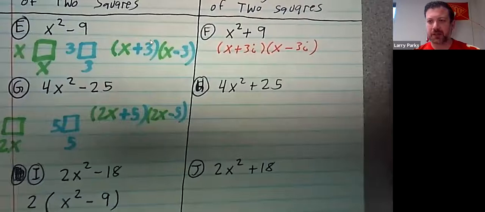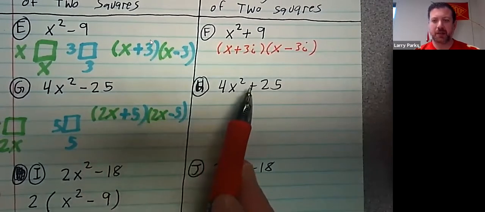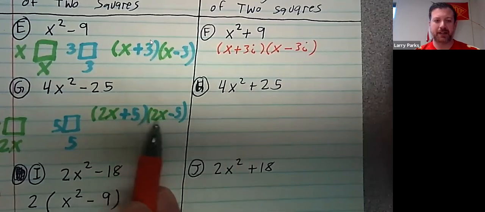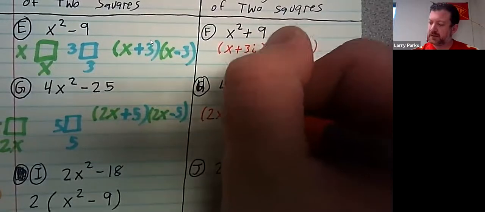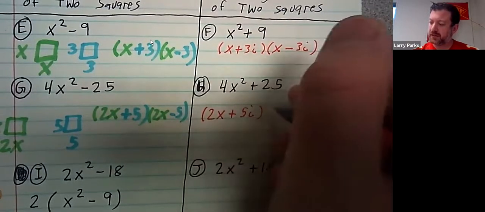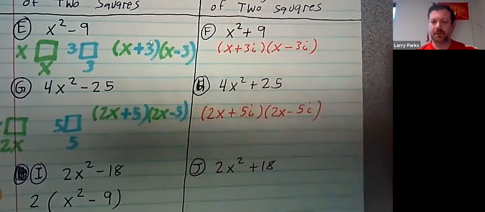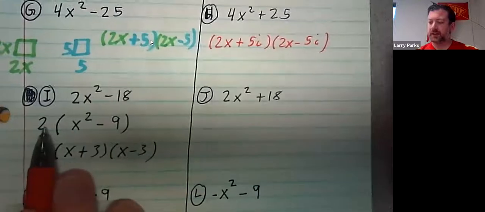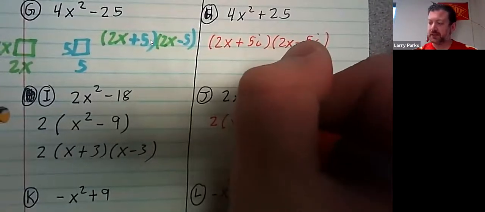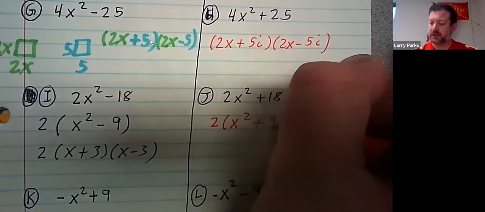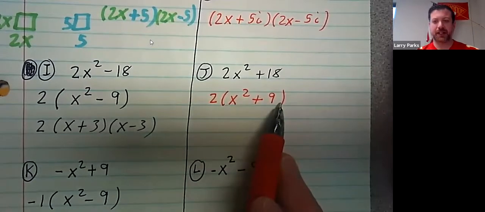So 4x squared plus 25 is still 2x plus 5, 2x minus 5, but because it's plus, you put an i right there. This one still has a GCF of 2. And it still factors into x plus 3, x minus 3.